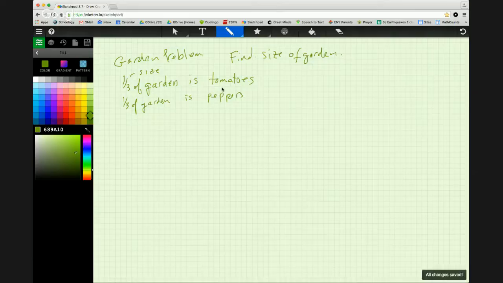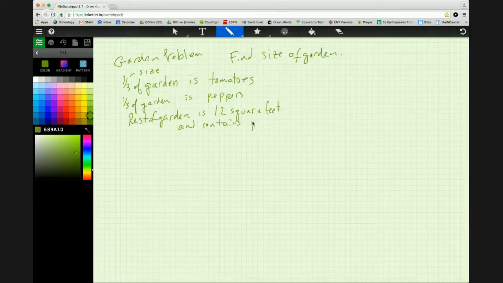And rather than know the last piece, we're going to say the rest of the garden is 12 square feet and contains peppers.